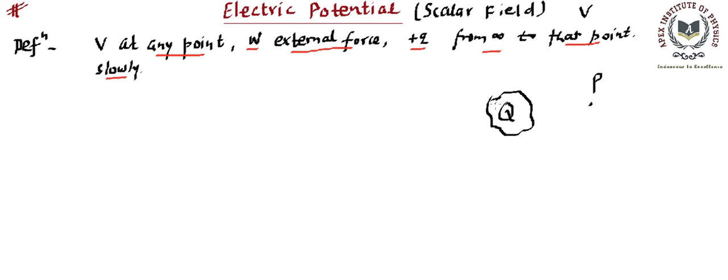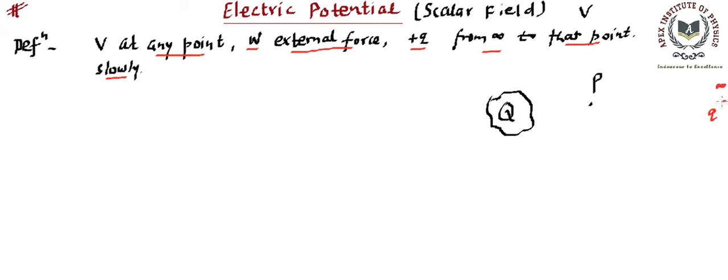In order to find it, we need to start with a positive unit test charge from a very far apart location, infinity. Let's say Q is the charge we are bringing.